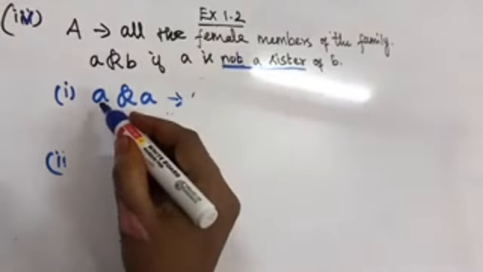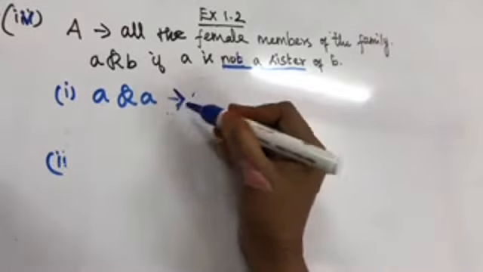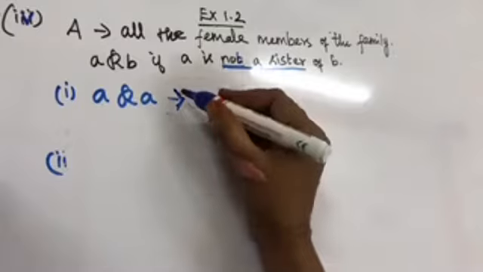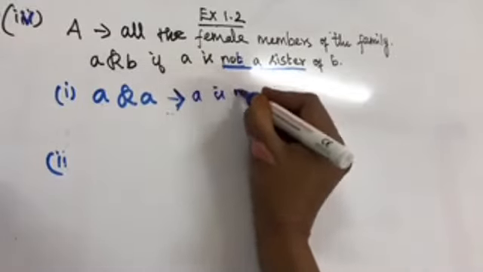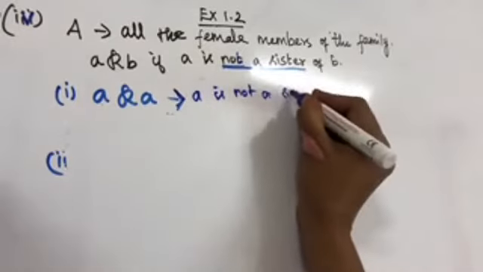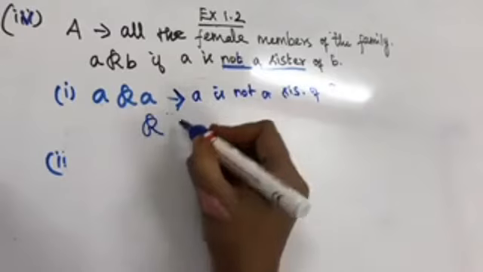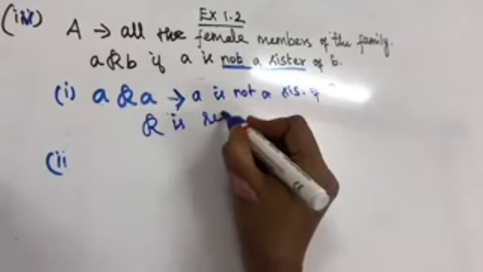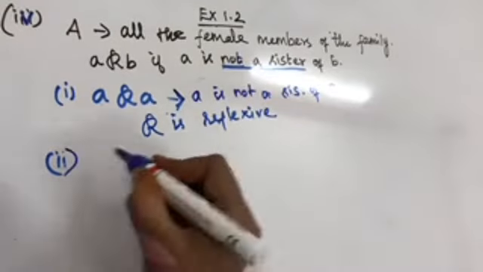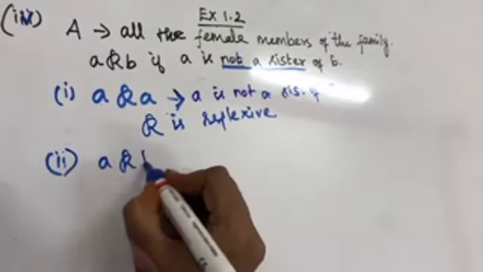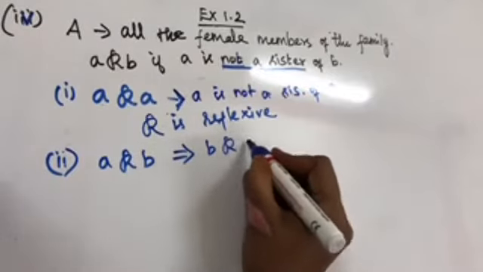The first condition, A is related to A. Yes, anyone cannot be a sister of themselves, right? So, A is related to A. That means A is not a sister of A. So, it is reflexive. It satisfies the condition. Second one, A is related to B. Does it imply B is related to A?